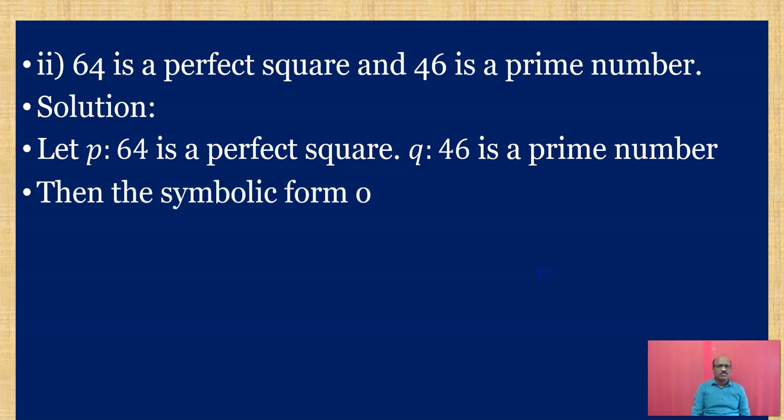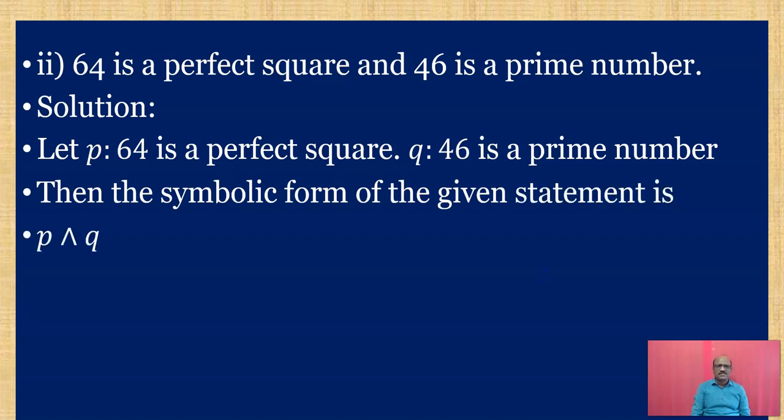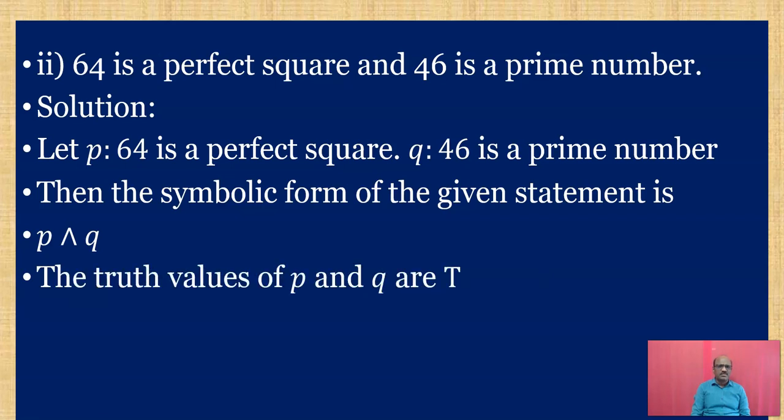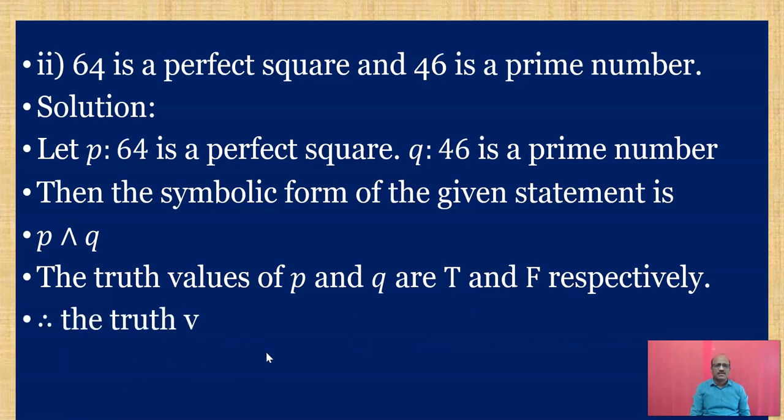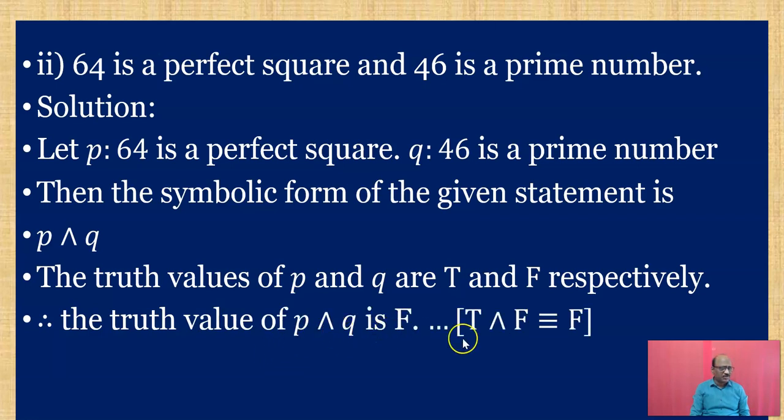Then the symbolic form of the given statement is P and Q. The truth values of P and Q are T and F, because 64 is a perfect square and 46 is not a prime number, therefore it is F. Therefore, T and F is again F.